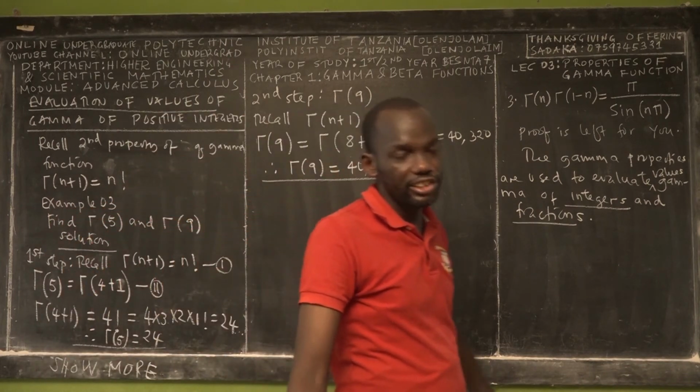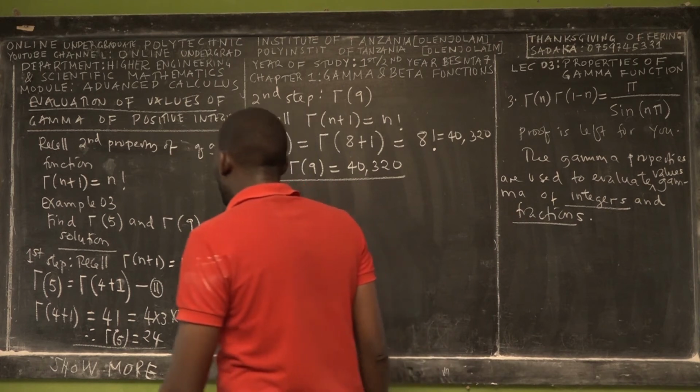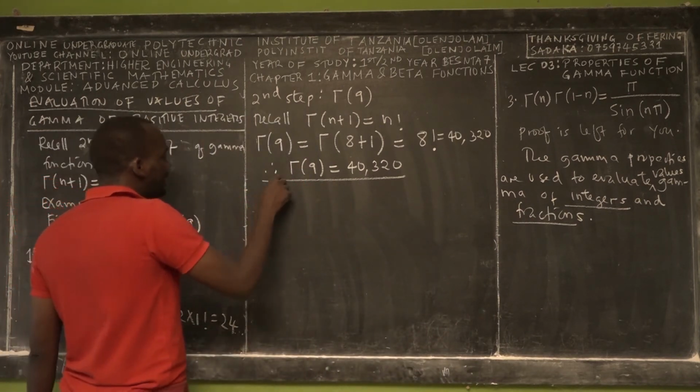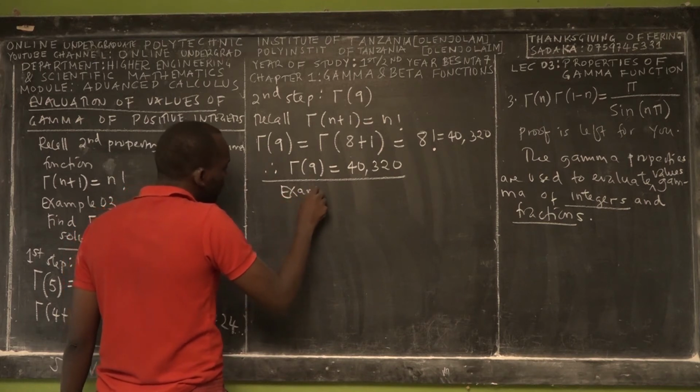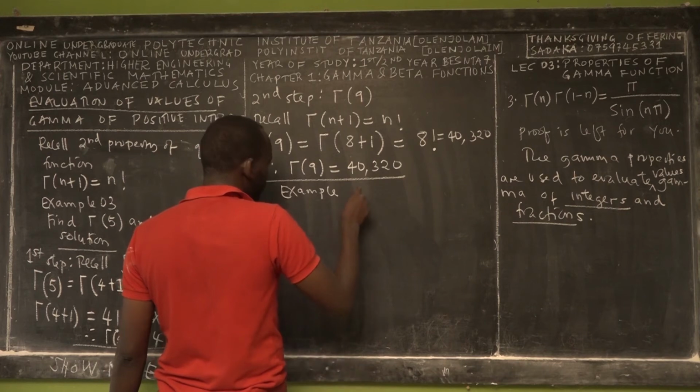So that's the straightforward way of using the second property to evaluate the gamma of positive integers. But let us see a little bit more challenging concept, example 4.